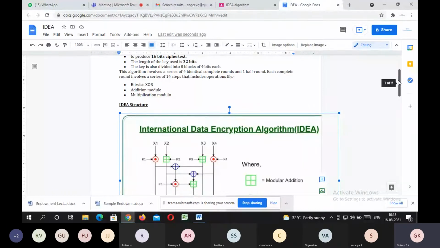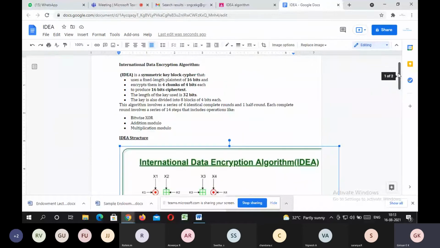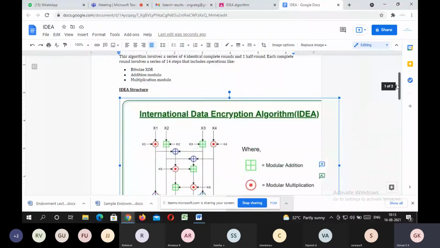The key is also divided into 8 blocks. What is the size of the key? The size of the key is 32 bits, so it is divided into 8 blocks of 4 bits each. Similarly, the plain text is divided into 4 chunks of 4 bits each.